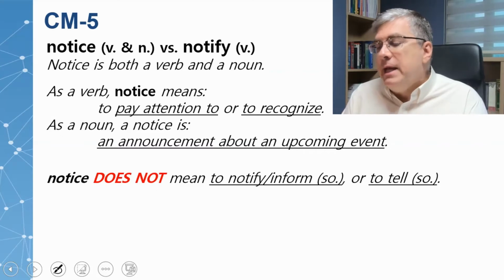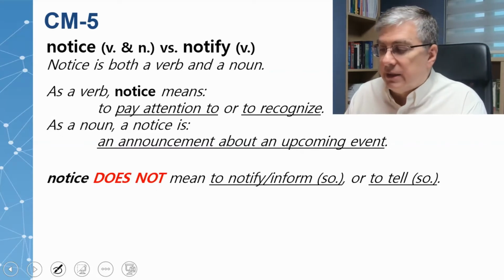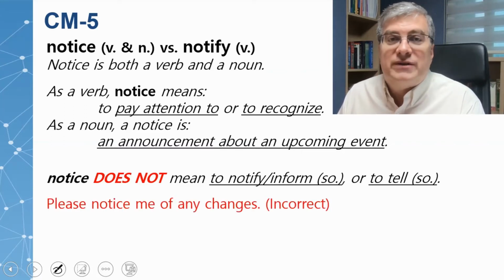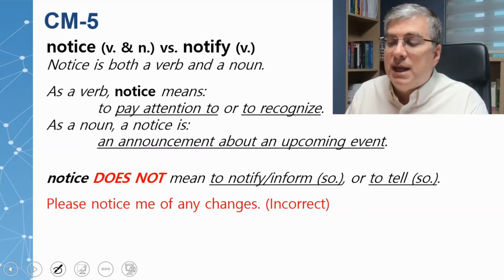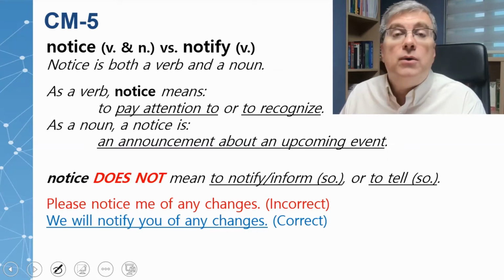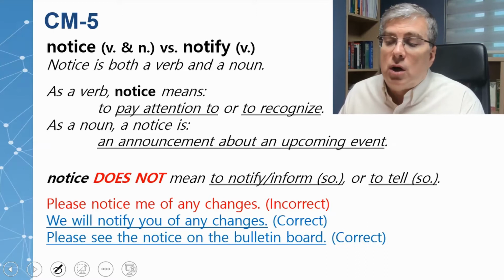Anyway, be careful. Notice does not mean to notify somebody or to tell somebody. So this is incorrect: if you say, please notice me of any changes, that's incorrect usage. It should be, we will notify you of any changes, or please notify me of any changes. You could also say, please see the notice on the bulletin board.